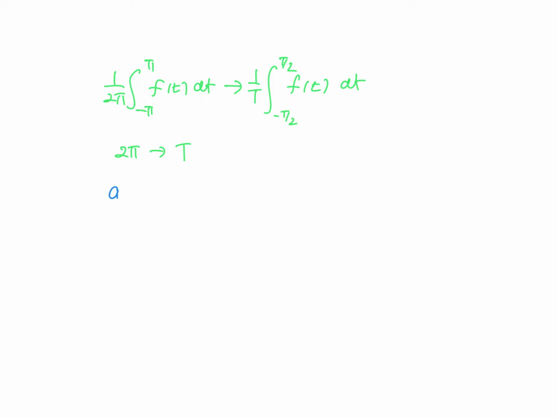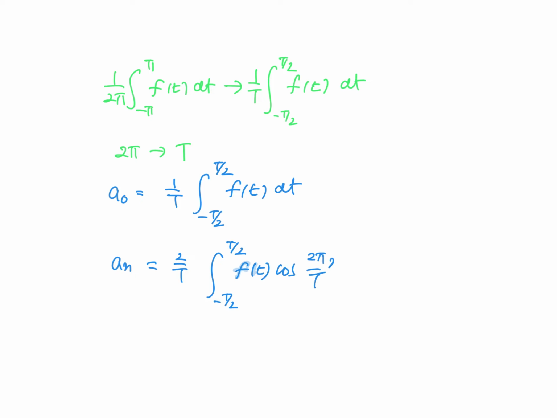So a_0 is simply 1 over T, integral from minus T over 2 to T over 2 of f(t) dt. And 1 over pi becomes 2 over T, integral of f(t) cosine 2 pi n t over T dt. b_n is 2 over T integral from minus T over 2 to T over 2 of f(t) cosine 2 pi n t over T dt. Oh, sorry, sine.